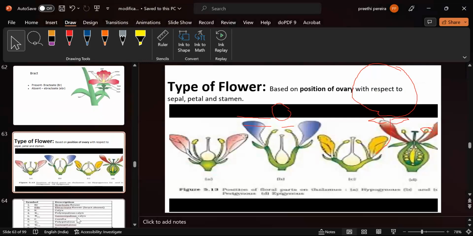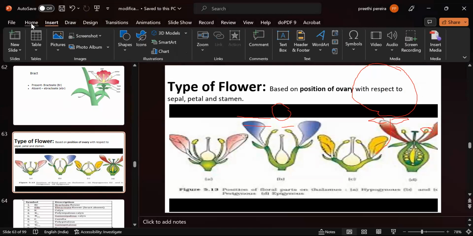Now, look over here. Now we are going to study the types of flowers based on the position of the ovary.